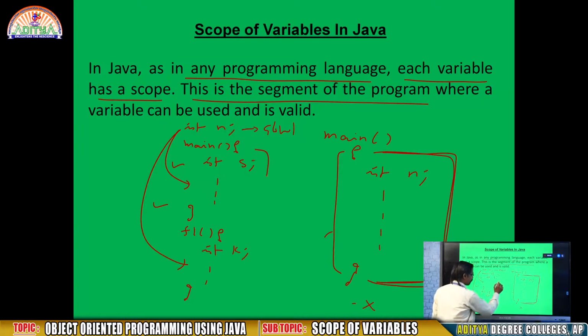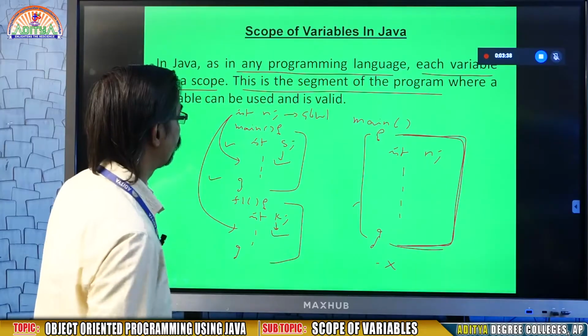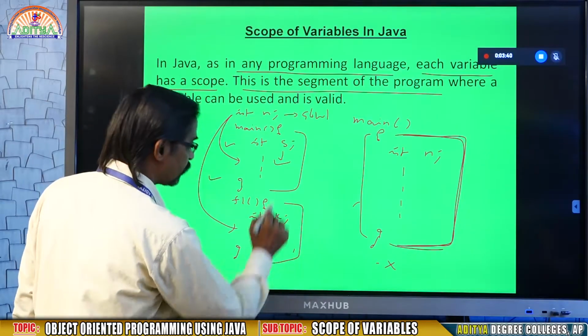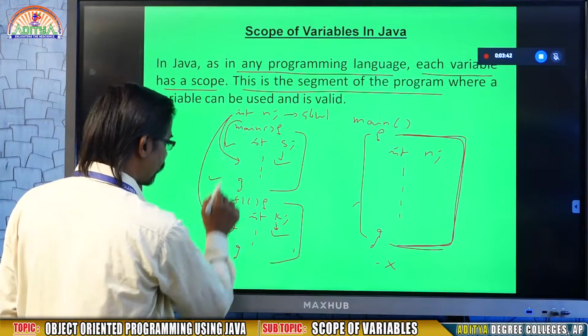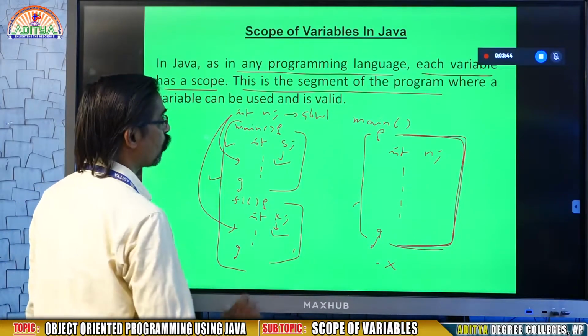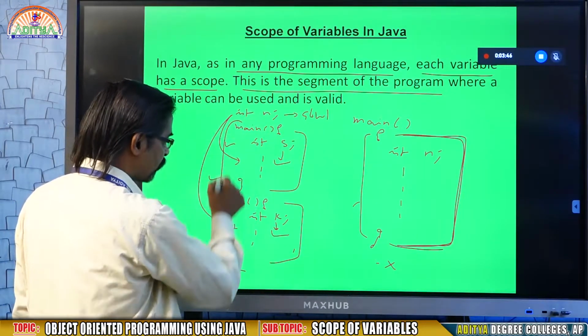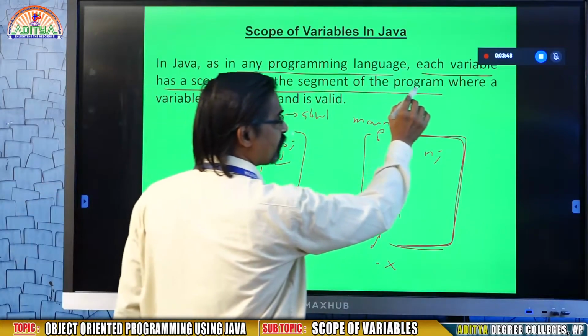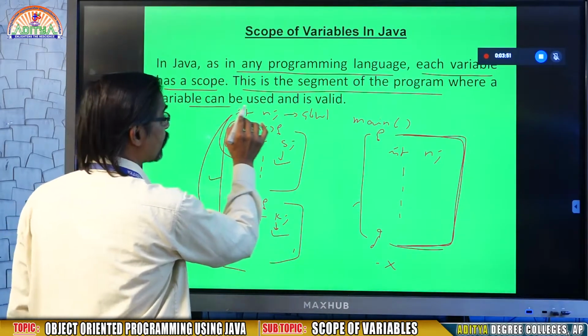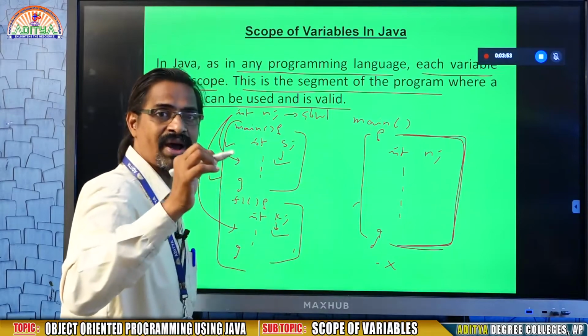Whereas s I defined within main, so it is accessible only within main. Here k I defined in f1, so that k is accessible within f1 only. This is what is called scope. This is called segment. So main means the global variable segment. This is the segment of the program where a variable can be used and is valid.